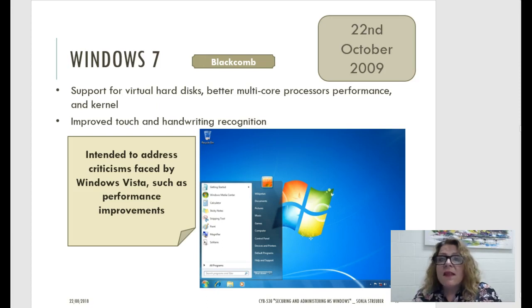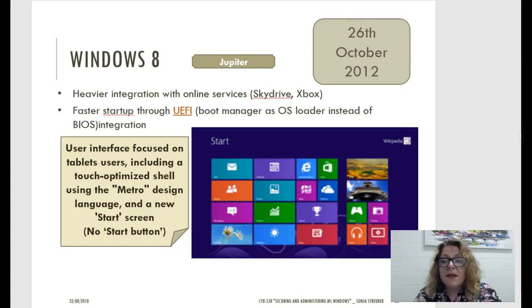Let's remember that the iPhone was first introduced in 2007, and Apple was trying to make big strides towards a cross-platform integration. So this is why in October 2012, 3 years after the introduction of Windows 7, Windows decided to do the same thing with its Windows Mobile integration with its online services called SkyDrive at that point, and Xbox as well, the gaming system, and developed Windows 8 and released it as well.